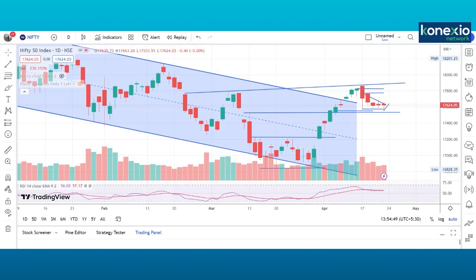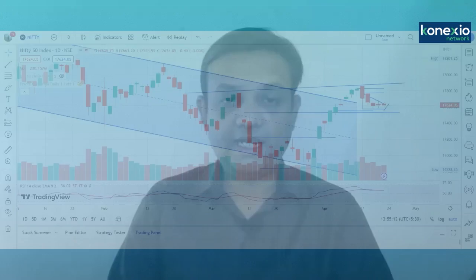Traders should follow these levels and try to trade in the direction of the breakout, which we are expecting on the upside. Any dips should be used as a buying opportunity, and until Nifty crosses and closes above 17,860, which was the swing high, traders are suggested to trade in small moves.